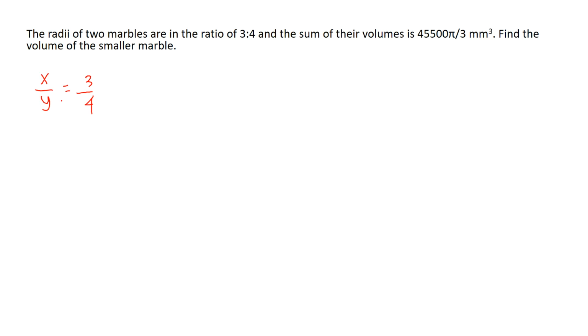Next, we have the total volume. The sum of their volumes is already given by the problem, 45,500 pi over 3. So, what we need is to find the volume of the smaller marble.